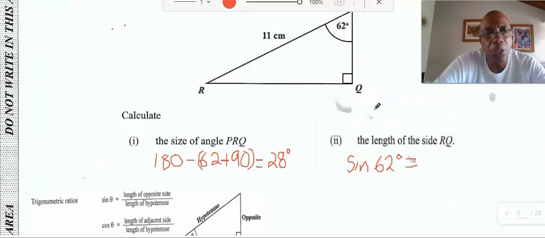We don't have it, so we just put RQ, and that is what you want to find, over the hypotenuse, which is 11.